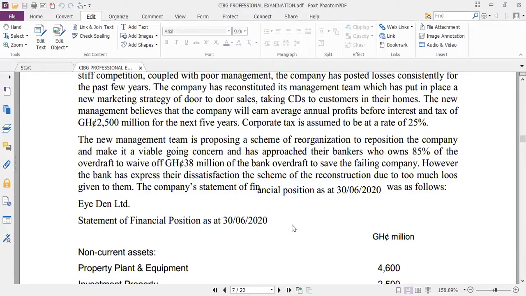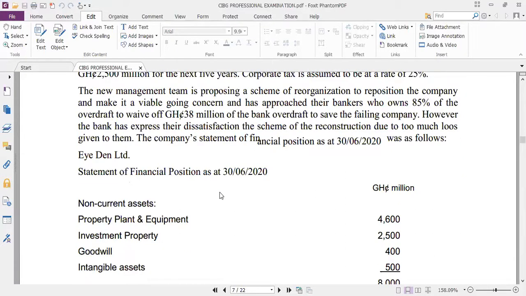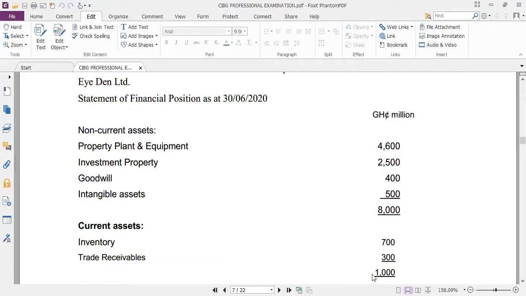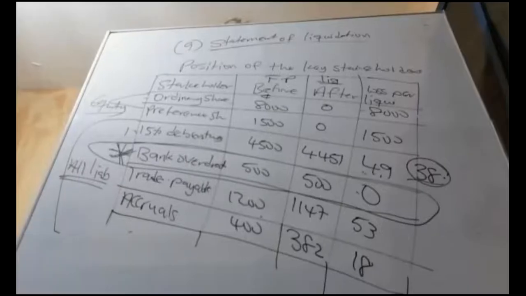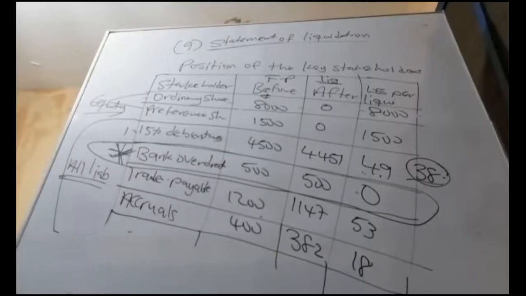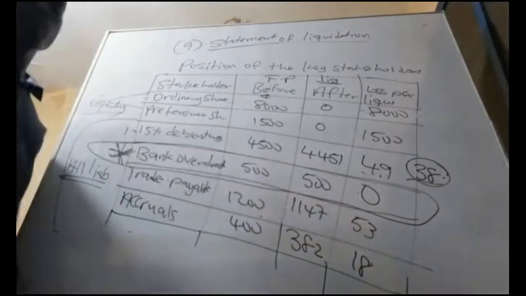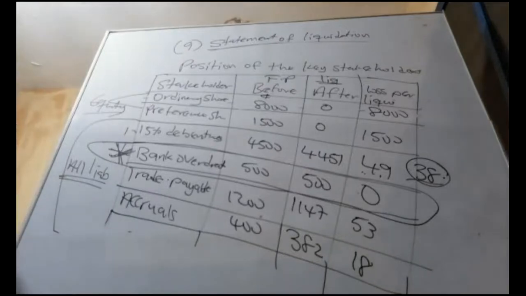For today, you are a liquidator, a receiver. So what do we do? The bank is asking you, if the company collapses right now, is its overdraft safe? We perform the calculation, then we inform the bank that yes, your overdraft is safe because you are not losing anything, you are getting it intact. That is it.